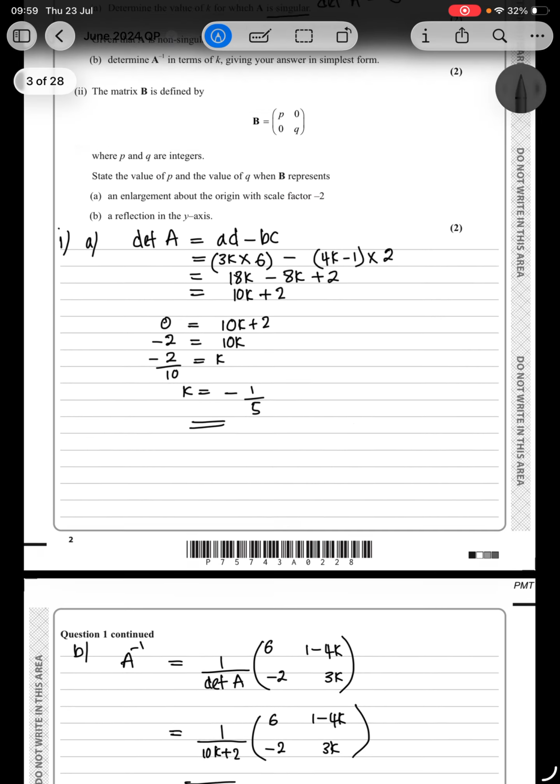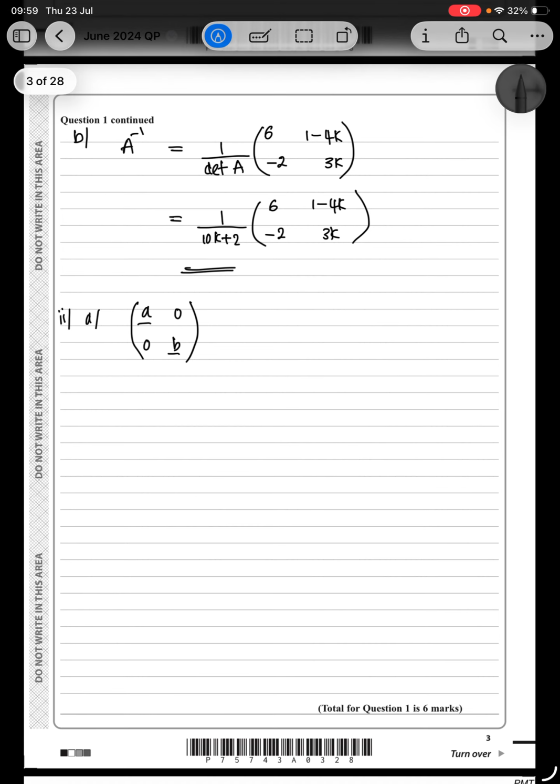So in this case, our scale factor is -2. So therefore, our answer is going to be -2, 0, 0, -2, which means the value of P is -2. The value of Q is going to be -2 as well.